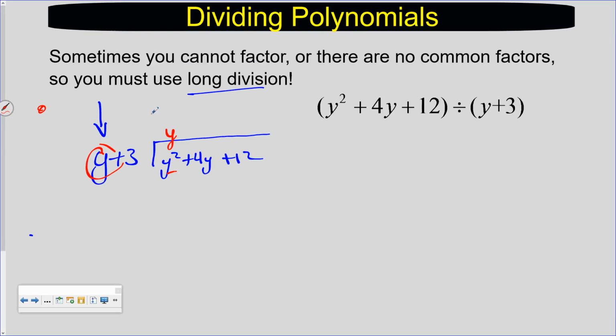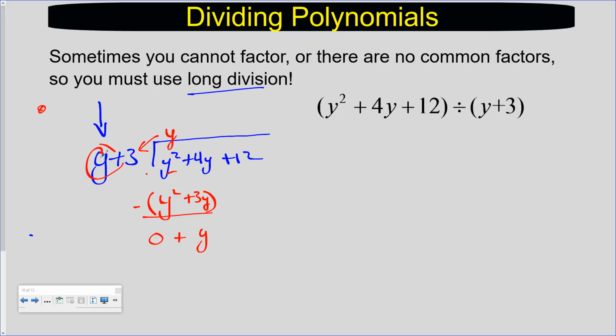Okay, sorry about that. So we're going to multiply by this guy. So y times y is y squared. Y times 3 is 3y. Just like the other long division, we're going to subtract. Y squared minus y squared is 0. 4y minus 3y is just y.